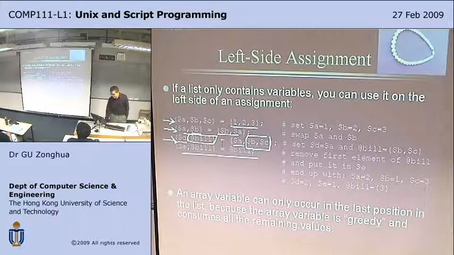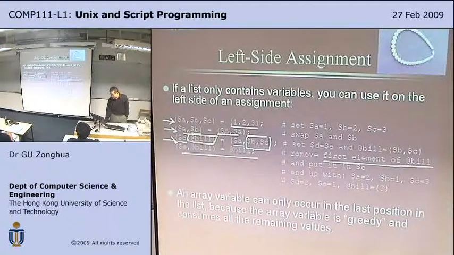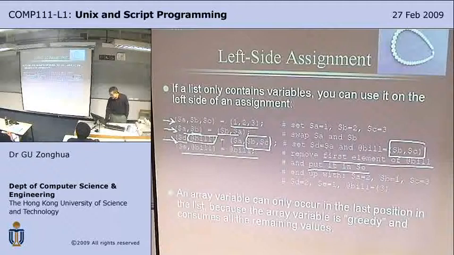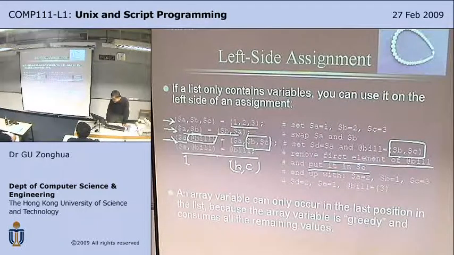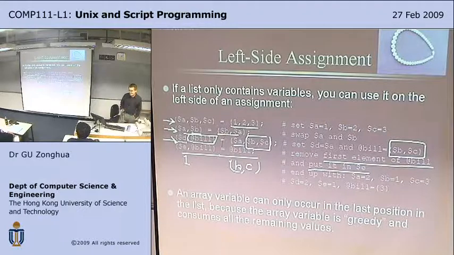Now the effect is to grab the first element of Bill, place it in E. So what does Bill have? Bill has B, C. So the effect of this is, E and C, you place B in E, so B has 1, so E gets 1, and place C in Bill, so Bill is an array with a single element 3.